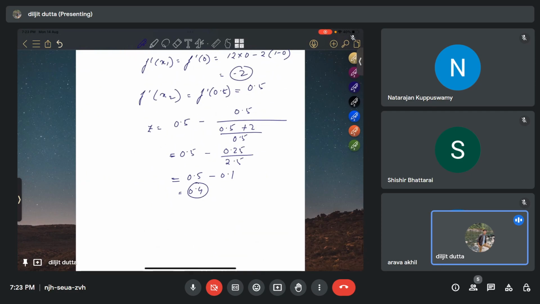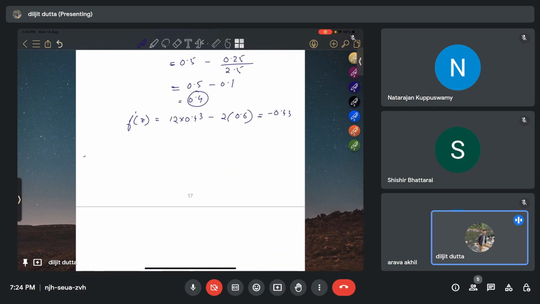Okay, we will get the value of z here also. So f dash z is equal to minus 2 into 0.4, which gives minus 0.43. Minus 0.43, so we will eliminate the region to the left of z. So the third iteration will be a is equal to 0.4, b is equal to 0.5, and now we have to again evaluate z.